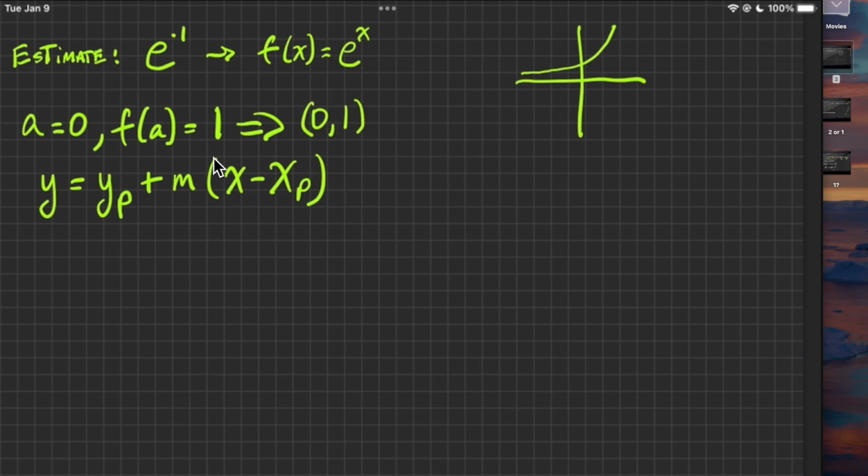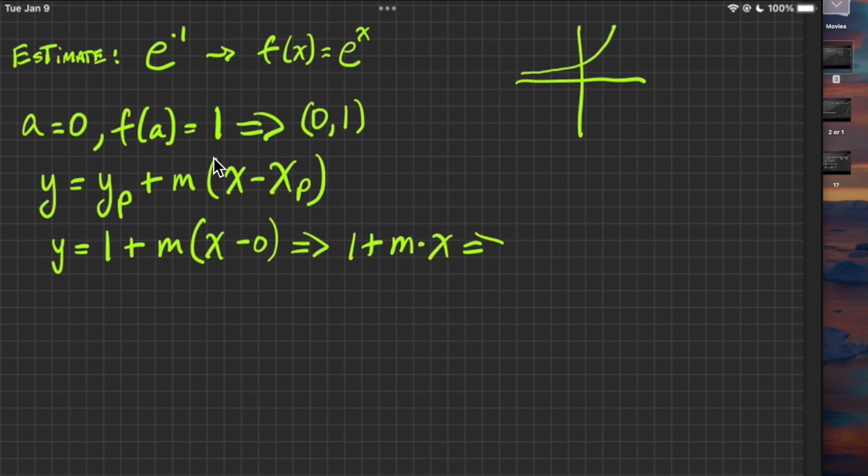We're going to go ahead and plug that in. So we're going to have y equals 1 plus m times x minus 0, otherwise known as 1 plus m times x. We are now going to rename that function as L of x.